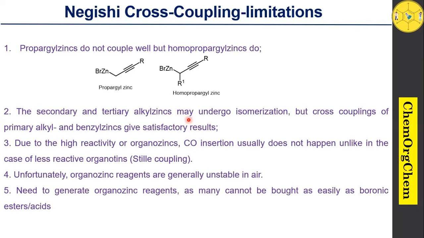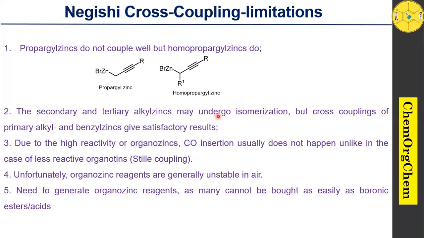Apart from this, it is important to note that some drawbacks and limitations are also associated with the Negishi cross-coupling reaction. For example, propargyl zincs do not couple under these reaction conditions, but homopropargyl zincs can readily undergo Negishi cross-coupling.